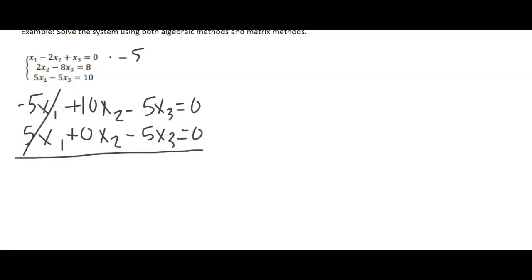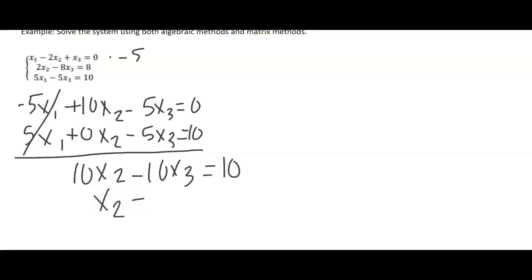I'm going to use that method of elimination. That tells me that 10x2 minus 10x3 must be equal to 10. Or we could say x2 minus x3 equals 1 if I multiplied this by 1/10.